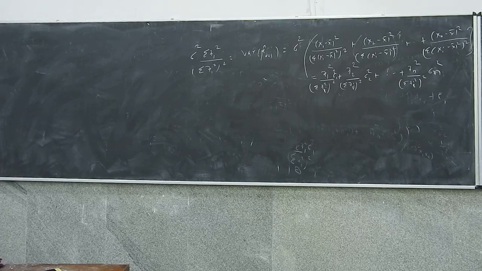Do a regression, y is equal to alpha plus beta xi plus ei, get e1 hat, e2 hat, e3 hat, etc. e1 hat square is an unbiased estimator of sigma 1 square, e2 hat square is an unbiased estimator of sigma 2 square.